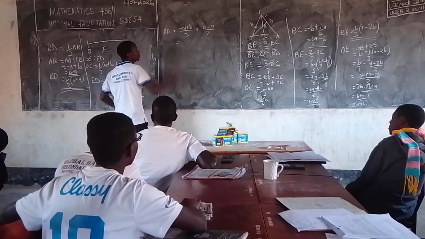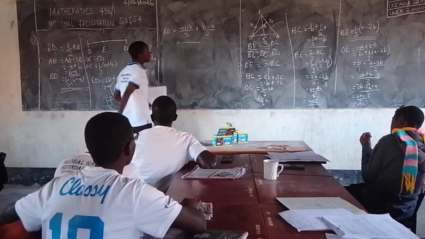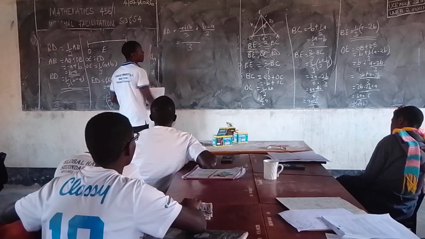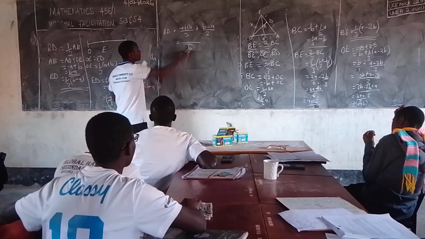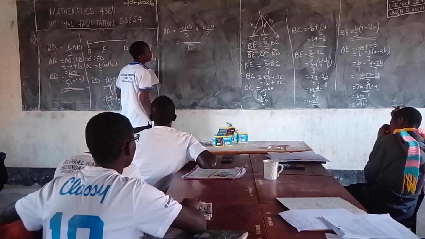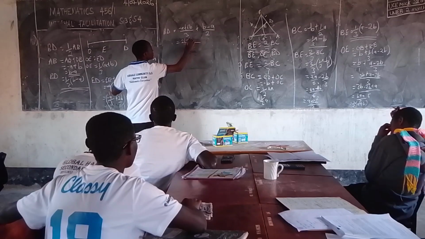So here we add the fractions, over 6. The LCM is 6. So 6 divided by 3 is 2, so you have 2 into all the numerators.